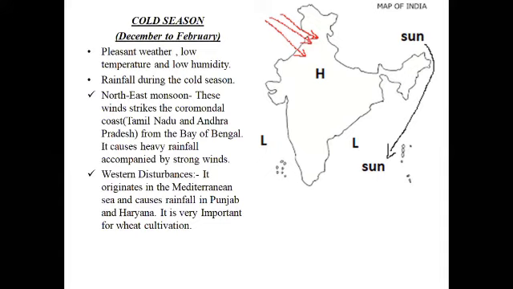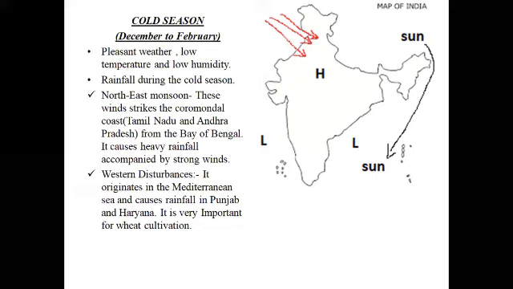The southern part of India receives oblique rays of the sun during winter. As a result, high pressure builds up on the land with low pressure centered on the water bodies surrounding the peninsula. As such, offshore winds start blowing towards the low pressure area centered in the Bay of Bengal.